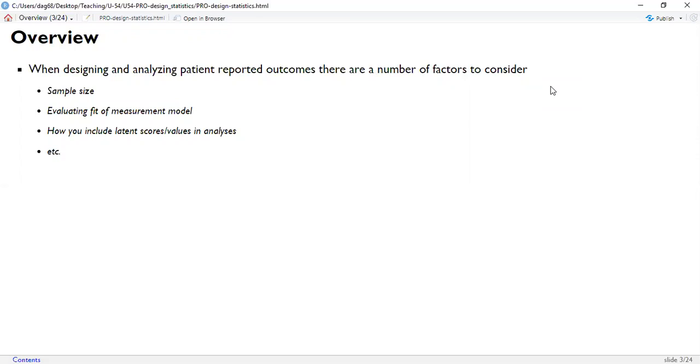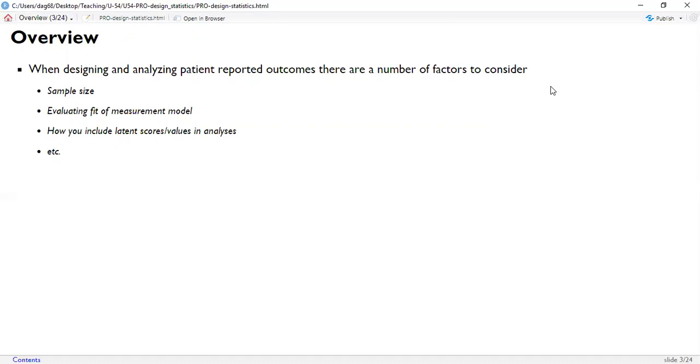And the last one having to do with how do you include a latent variable in a secondary analysis or an analysis to answer a health question or some other question for that matter. And I picked these, there's many potential pitfalls, but these are the 3 that I see the most in particular when I review papers for journals.